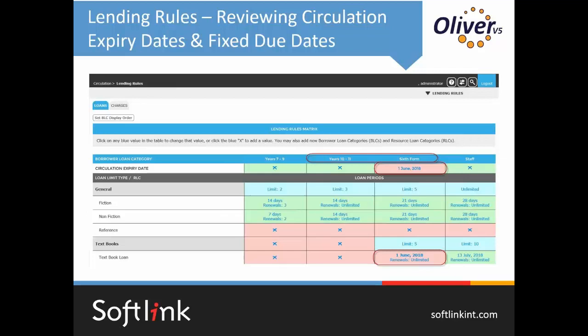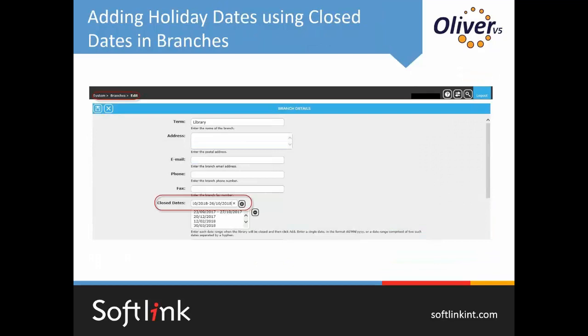But just one more thing I'm going to look at is holiday dates. So we want to put in holiday dates into the branches. So we don't want items being due back from loan when the library is closed. So we must put in our holiday dates here.